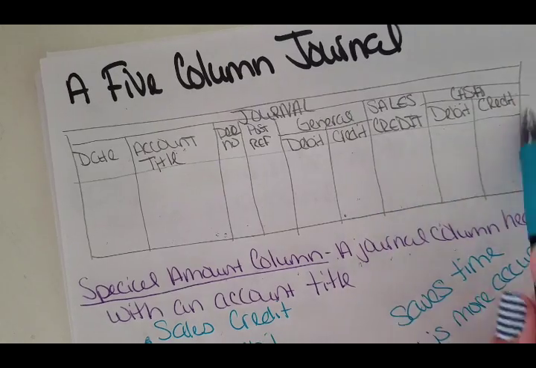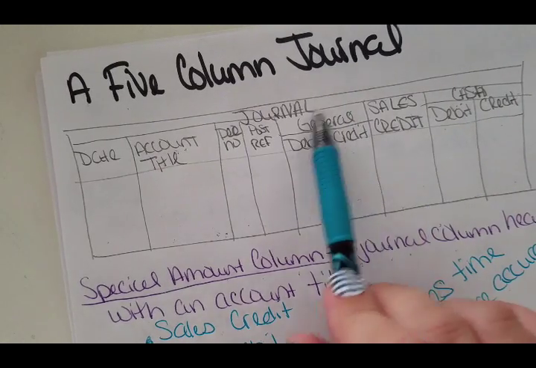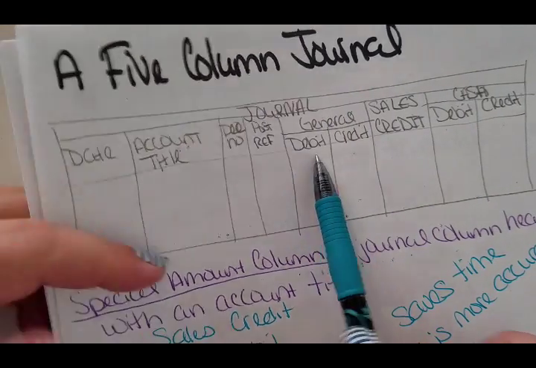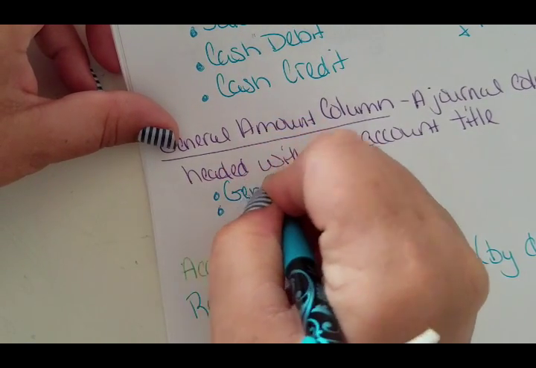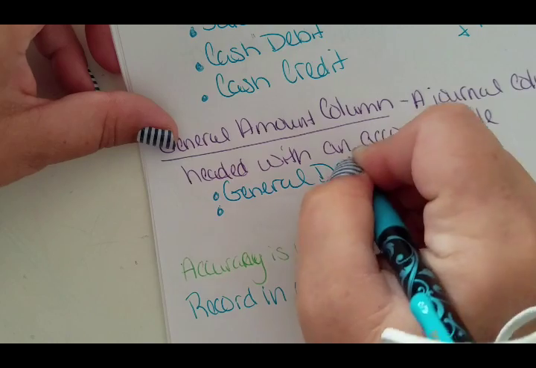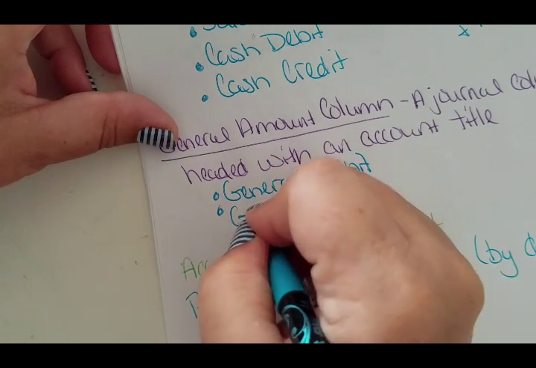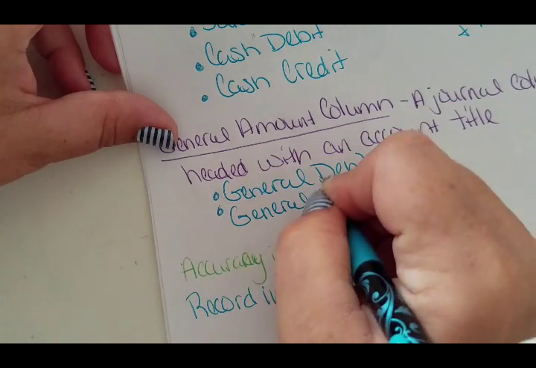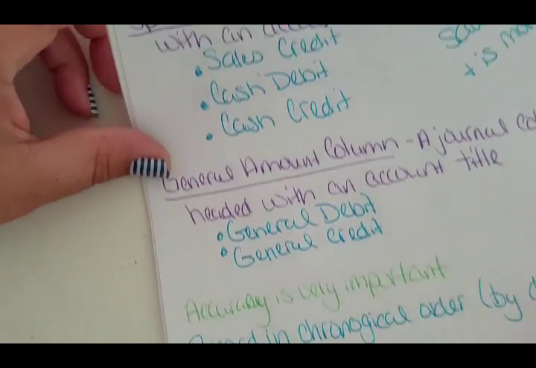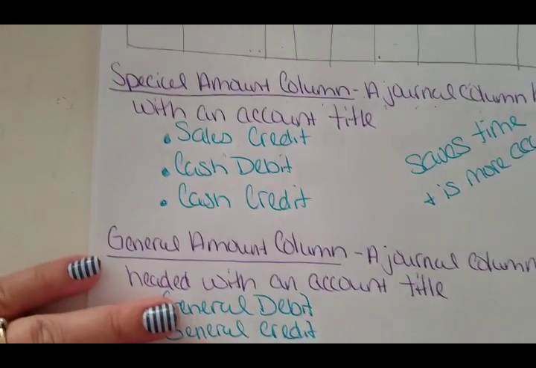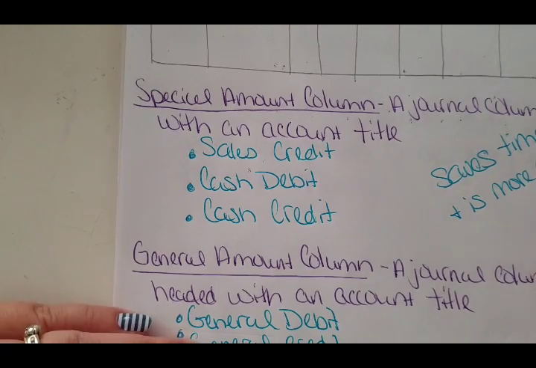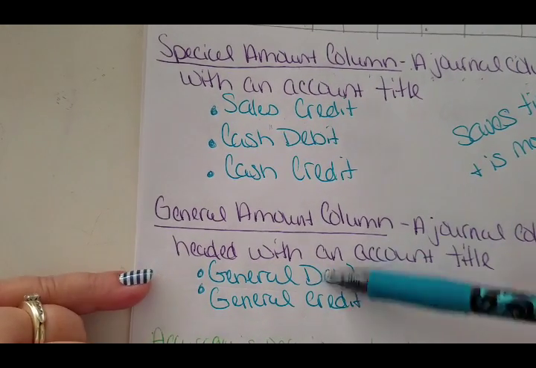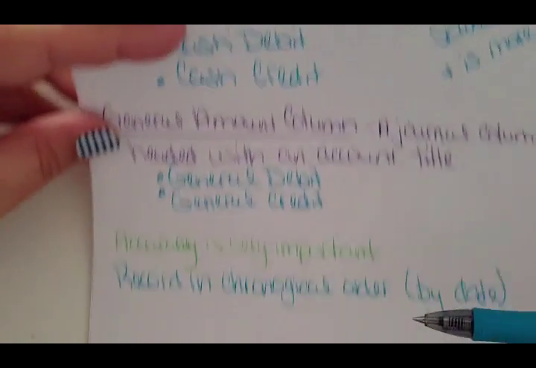Anything not going in these accounts is going to be recorded over here in the general debit and general credit. So we have the special account columns, the ones with the titles for sales and cash. And then general is going to be everything else.